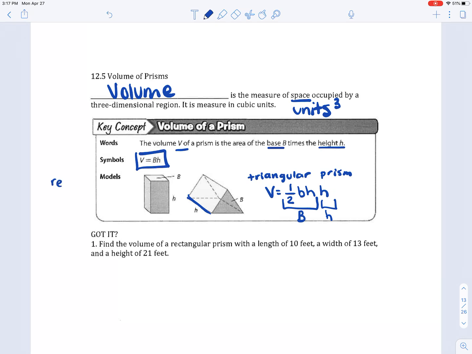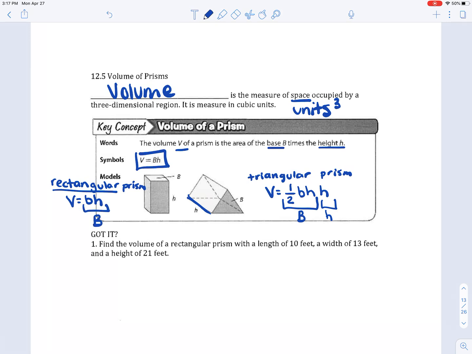Now over here we have a rectangular prism, which means the shape of the base is a rectangle. So our volume formula is area of the base times the height. To find the area of a rectangle, we would do the length times the width, or the base times the height.